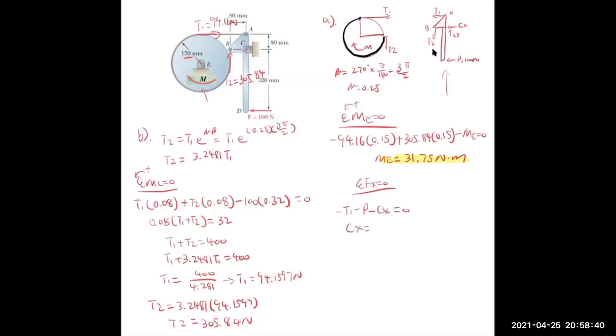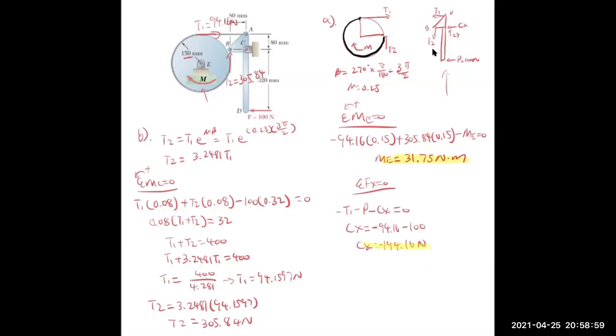So we get Cx is equal to negative T1, which is negative 94.16 minus 100. So Cx will be negative 194.16 newtons.